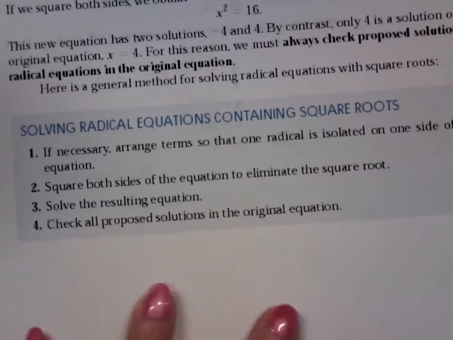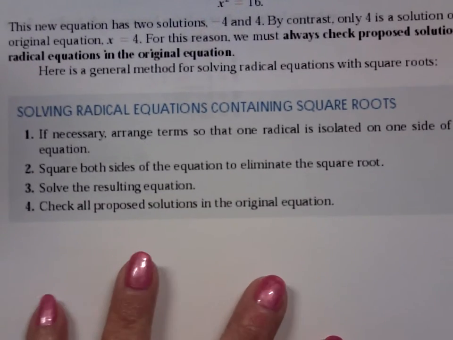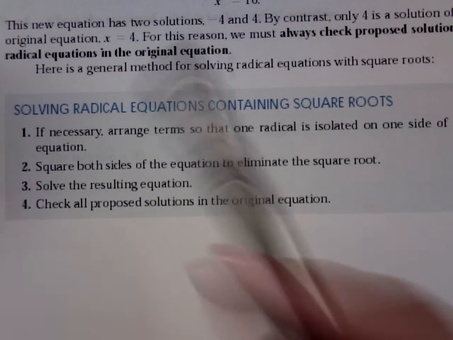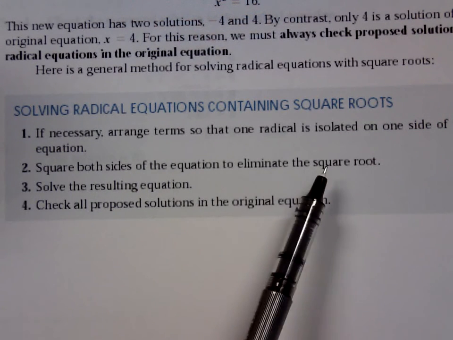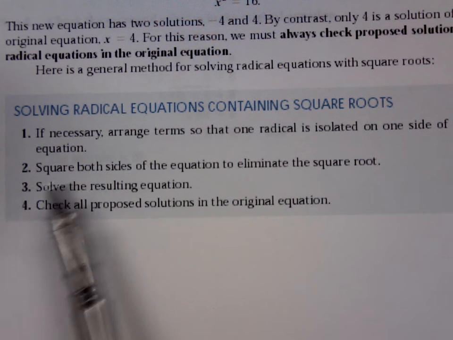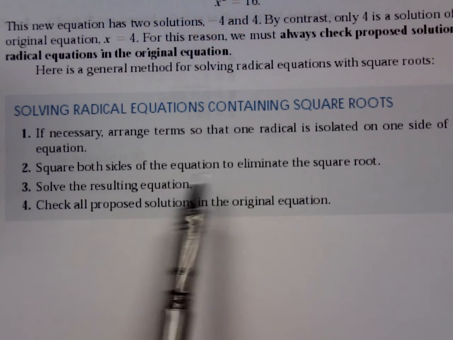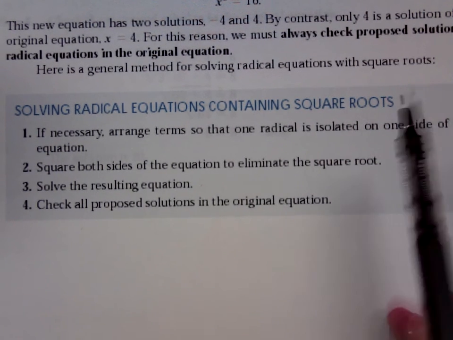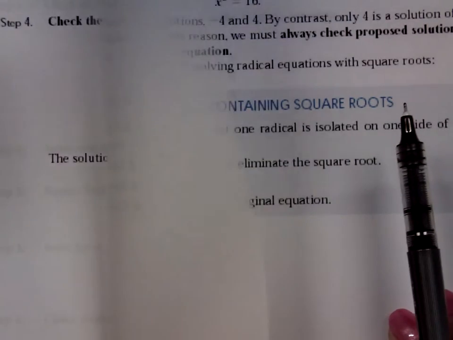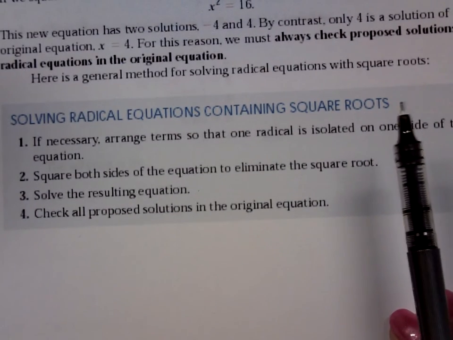So if I were to look at the steps to working these, it says: if necessary, arrange terms so that one radical is isolated on one side of the equation. Square both sides of the equation to eliminate the square root. Solve the resulting equation, and then check your answer. What that's given you is a series of steps in order to work problems.